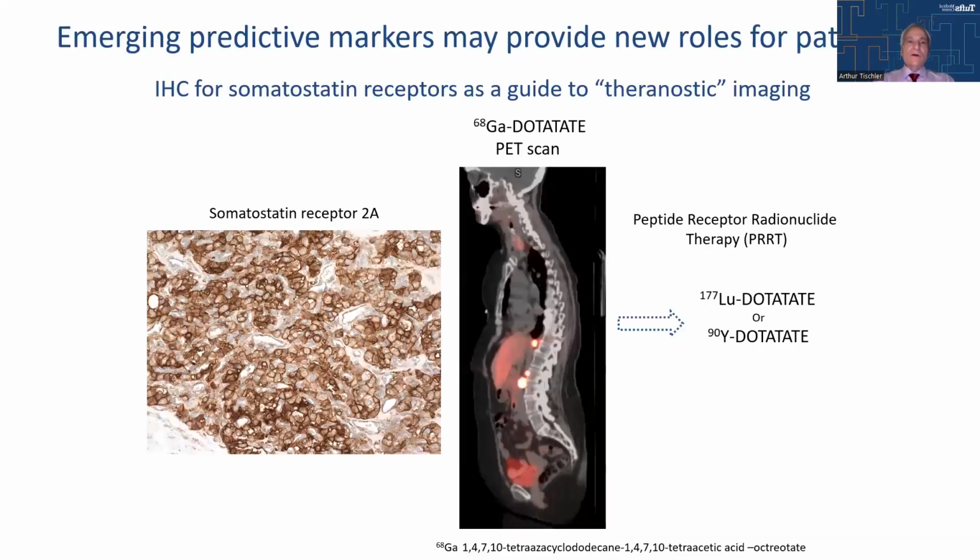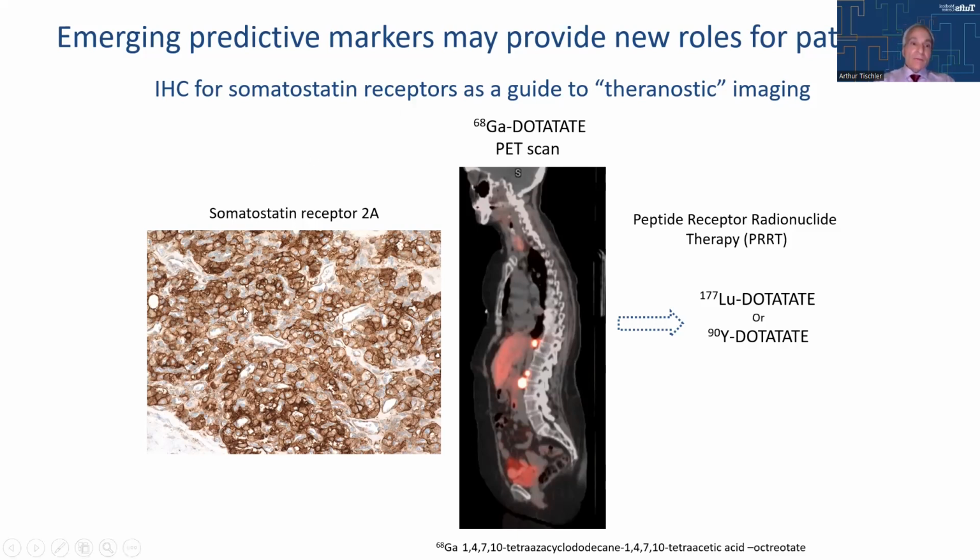We also have a number of emerging predictive biomarkers that may provide new roles for pathology. And one that we use frequently at my institution is immunohistochemistry for somatostatin receptors as a guide to so-called theranostic imaging, meaning that the imaging modality may be used to both locate a tumor, characterize the size and distribution of tumor, and to predict therapeutic modalities.